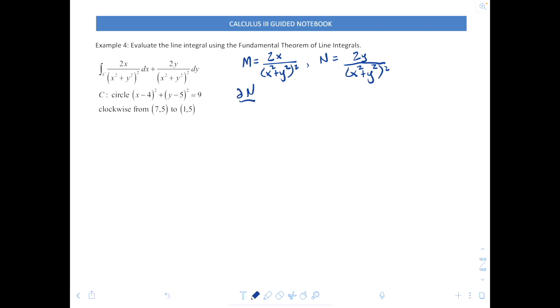So dN with respect to x would be, let's see, negative 6. Actually, it'd be more than that, huh? Because it's to the negative 2. So you'd have negative 4 times 2. So I think it'd be negative 8.